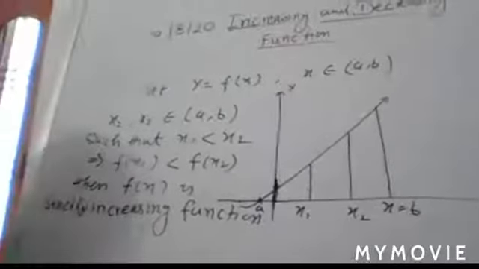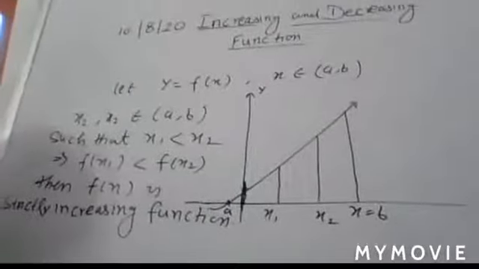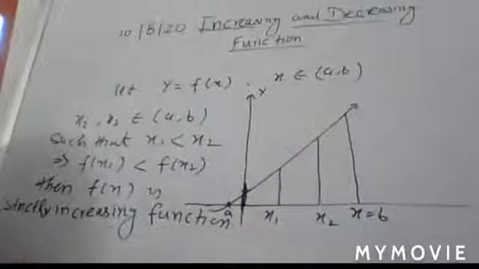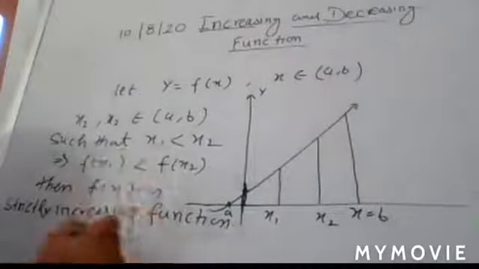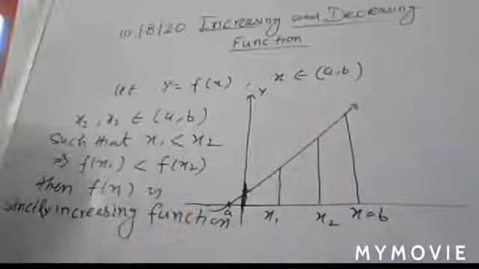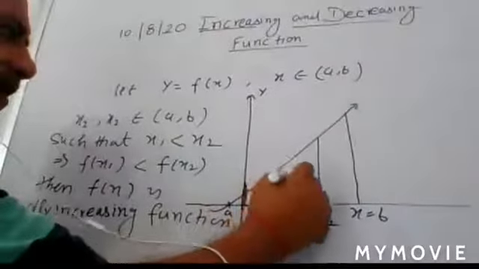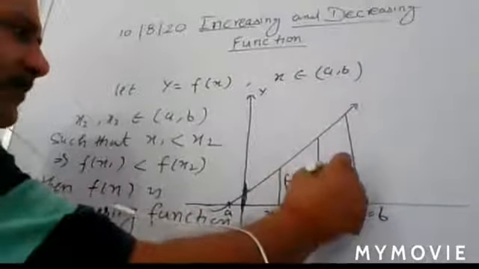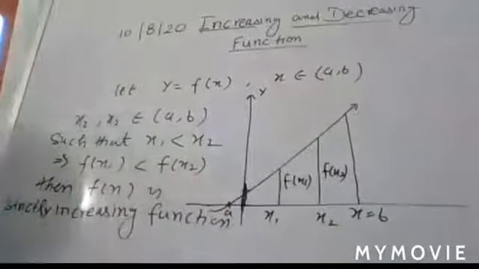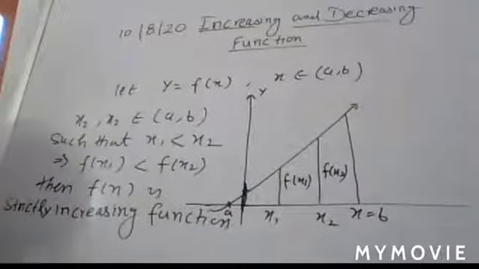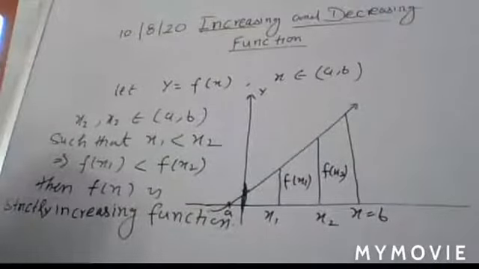Your function is said to be strictly increasing if you have this type of situation, where you have the value of f(x1) and here the value of f(x2). Such a condition is that of a strictly increasing function.